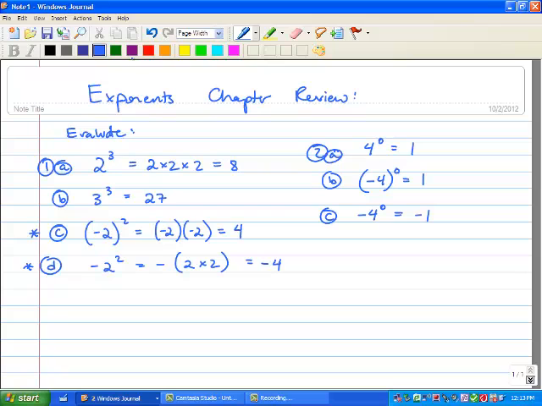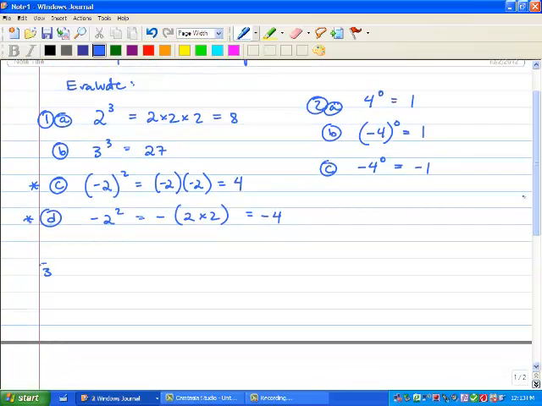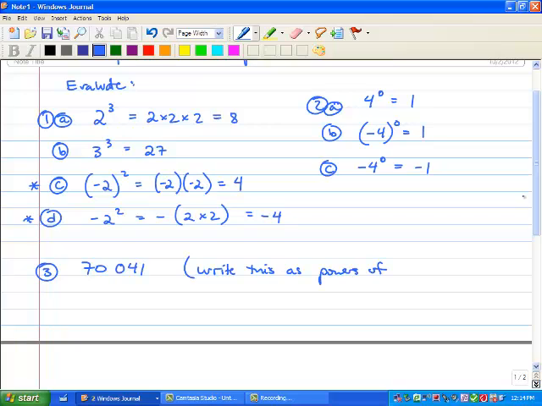All right, let's go on to number 3. Number 3, it says we've got 70,041, and we want to write these as powers of 10. Well, we've got 70,000 plus 40 plus 1.